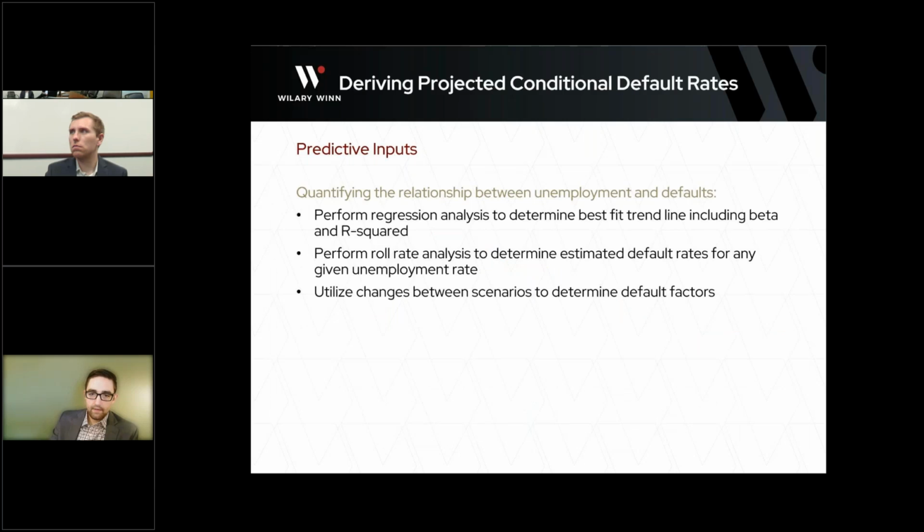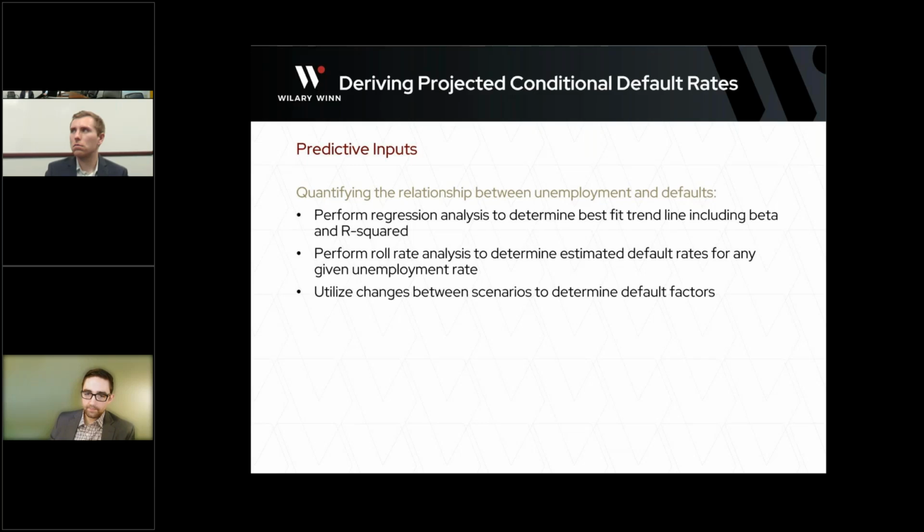So how do we actually quantify the impact of changes in unemployment on that default rate? We do that through a regression analysis, using the data that we have to measure how changes in unemployment historically are influencing those default rates. First, we run a regression analysis to establish that relationship, looking at how defaults have moved in response to changing unemployment over time.